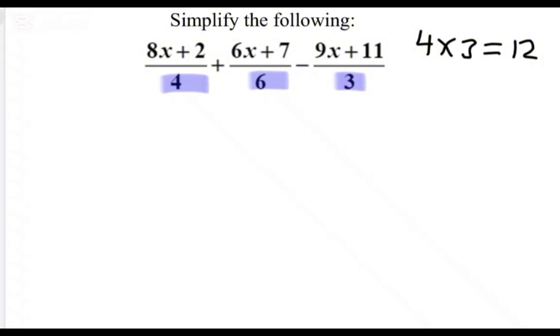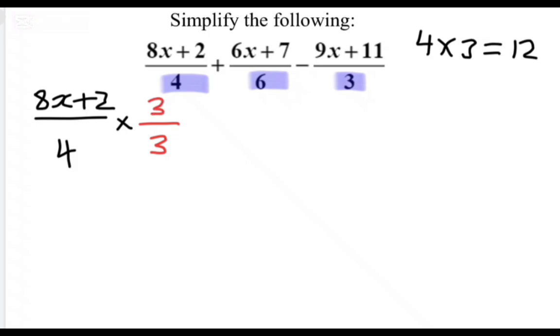So what we're going to do is have 8x plus 2 over 4. Which number can we multiply with this 4 to give us 12? That number is obviously 3, and what we do at the denominator we also have to do at the top, so it's multiplied by 3 at the top also. Then plus 6x plus 7 over 6.